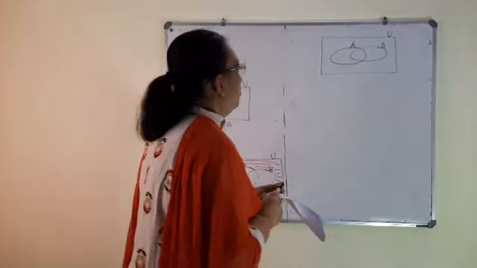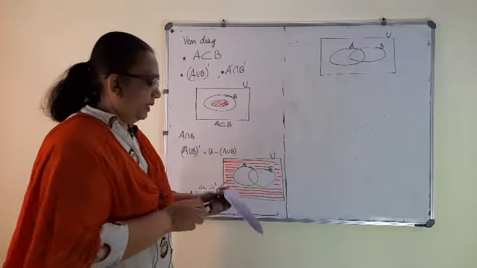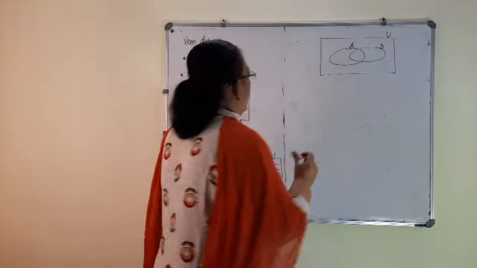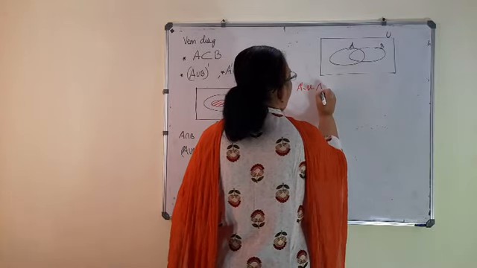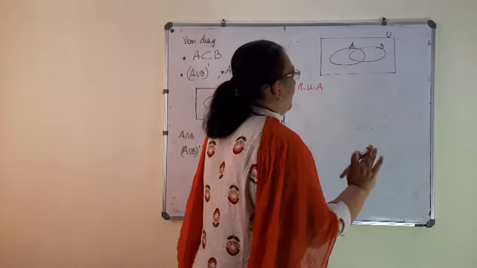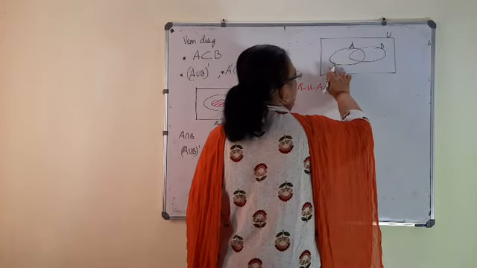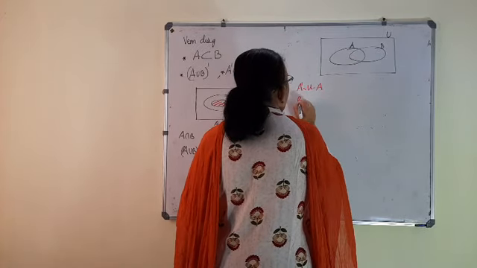A complement. What is A complement? U minus A. A complement is U minus A. Elements in U but not in A. B complement.